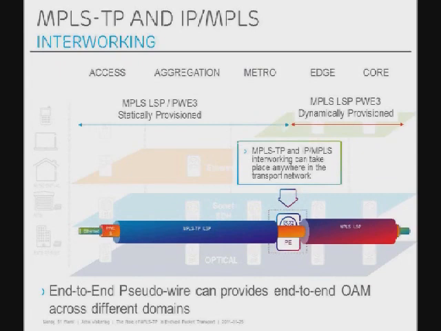In this particular example, we're using multi-segment pseudo-wire capabilities to stitch two pseudo-wires, from the dynamically provisioned path and the statically provisioned path, together at the PE, at the edge. It can also be done with single-segment pseudo-wires, but for that the LSP has to be stitched at the same place instead of the pseudo-wire.